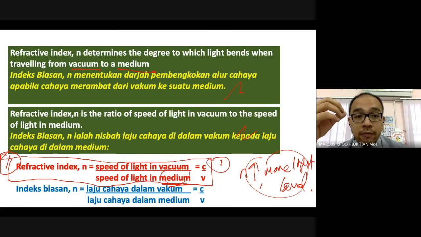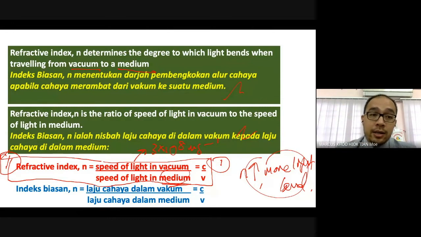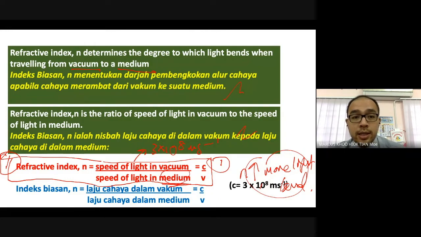The speed of light in vacuum is 3 times 10 to the power of 8 meters per second, which is 300 million meters per second. That is the speed of light. So this is the first way to calculate the refractive index. Just to remind you, c is 3 times 10 to the power of 8. This is a constant, so don't worry about this.